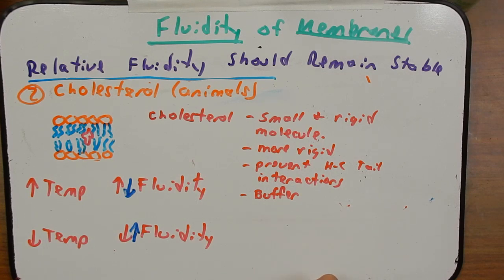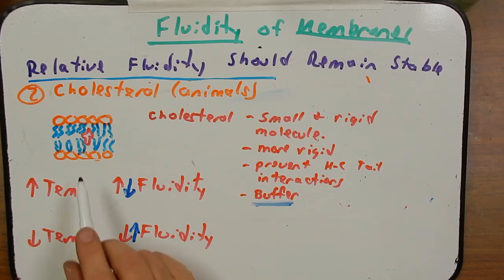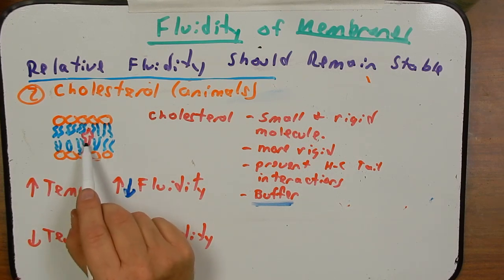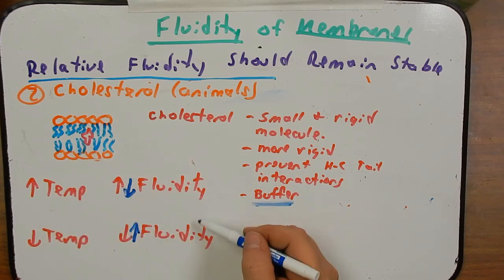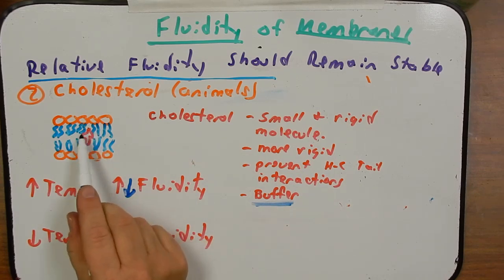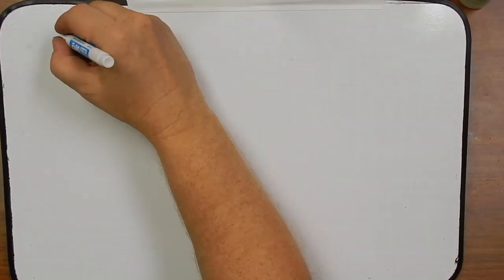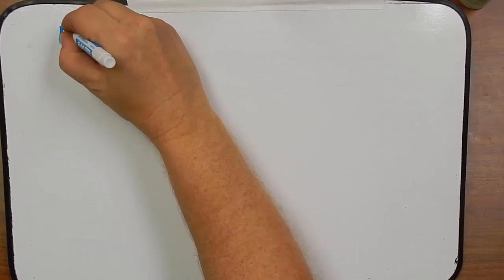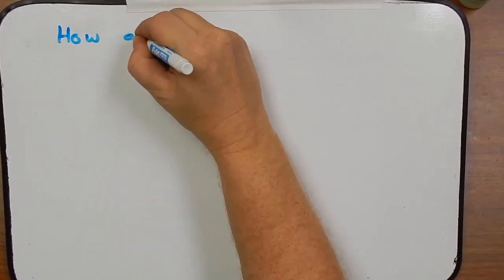So for the purpose of this class, I would like you to know that cholesterol serves as this interesting little buffer that decreases fluidity at higher temperatures and increases fluidity at lower temperatures. How it does it isn't as important for right now. But in general, what it does is it helps stabilize some of these interactions to alter the fluidity, the interactions between neighboring side chains.